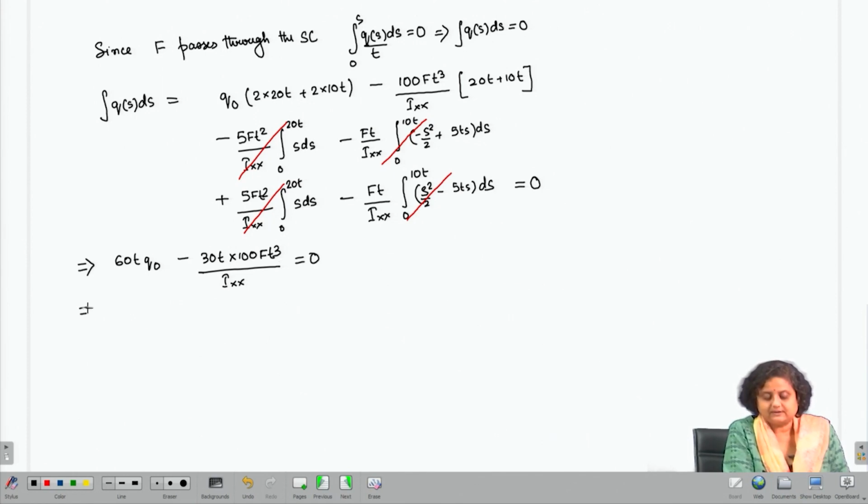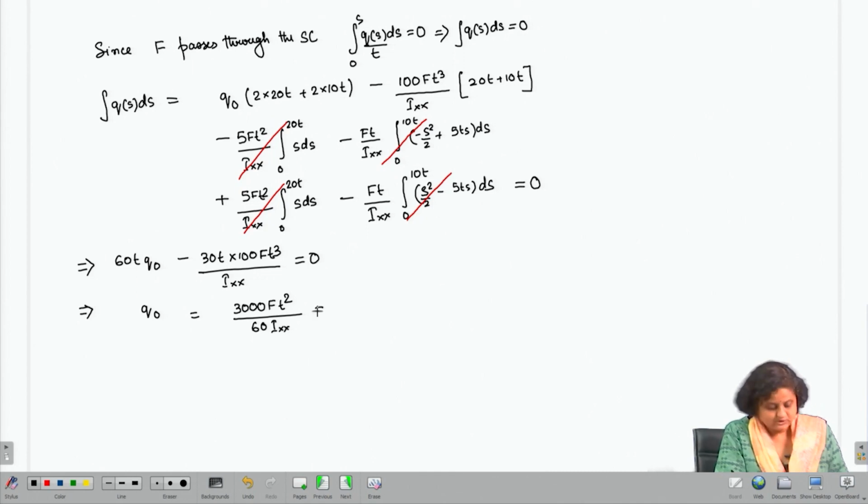So, this implies that q 0 is going to be 3000 F t square by 60 I x x, which gives us q 0.